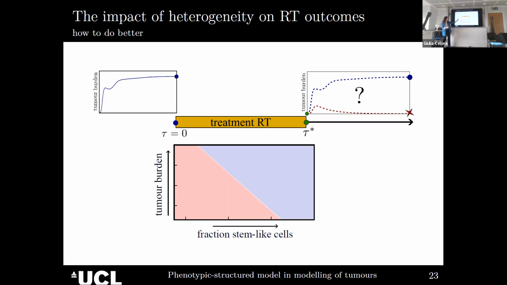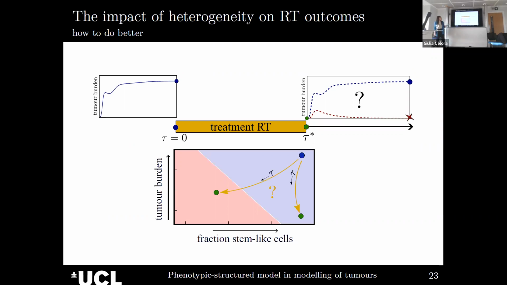These are tumor burden, the amount of cells in the tumor, and the fraction of stem-like cells. So the question can be formulated as: how can we apply a treatment such that it leads us to this extinction regime, so that we both decrease the tumor burden and decrease the fraction of stem-like cells?